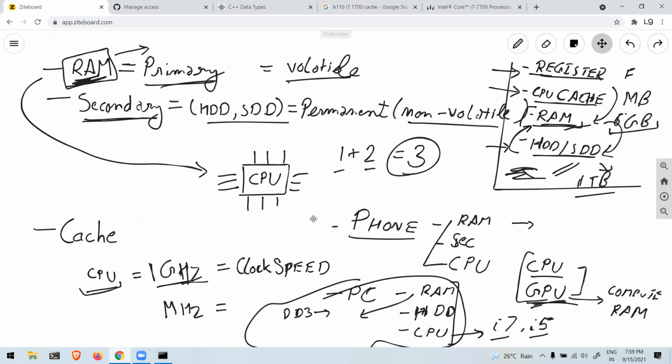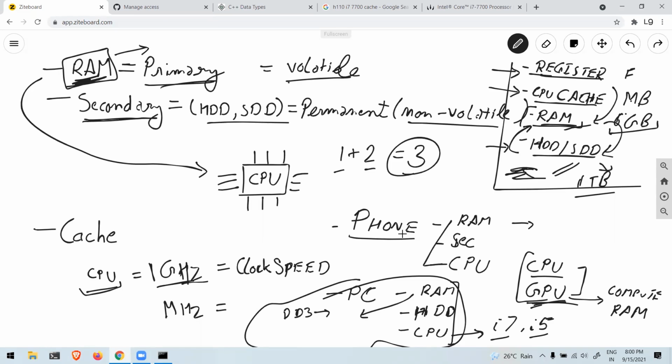But you can notice how much cache it has, because that impacts the performance or the speed of your processor. Even if you have a processor of 4 gigahertz speed, if the cache is less, versus a processor which has more cache, the one with more cache can perform better than the one with lesser cache, even though the speeds might be different. Obviously, speed matters, but this matters as well.